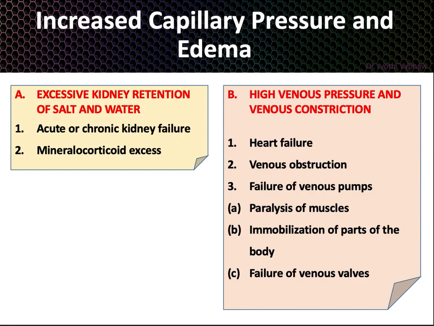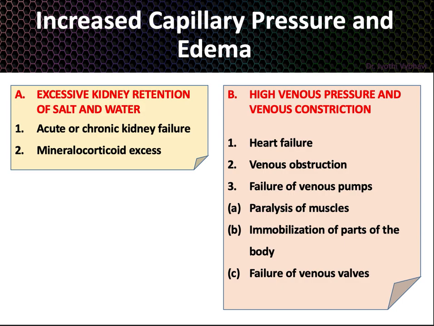So this is one of the reasons why heart failure causes increased edema. And whenever there is venous obstruction, maybe for a thrombus or any other reason, the fluid filtered from the arterial end of the capillaries into the interstitium has to go back to the venous end of the capillaries, where it is reabsorbed.